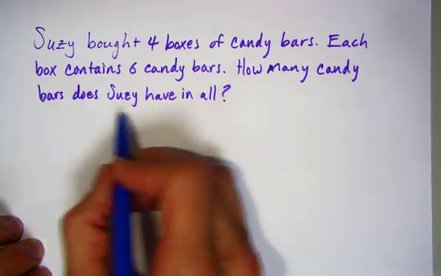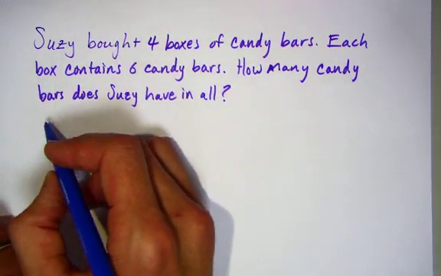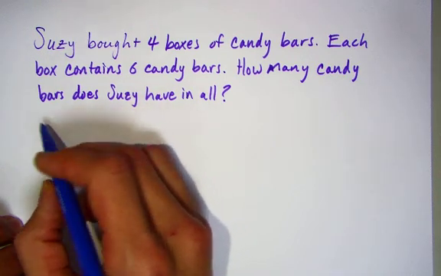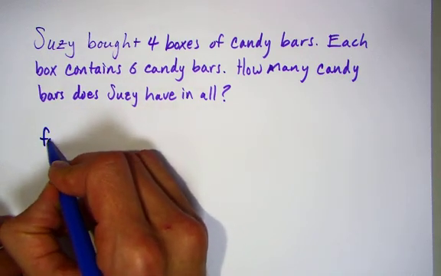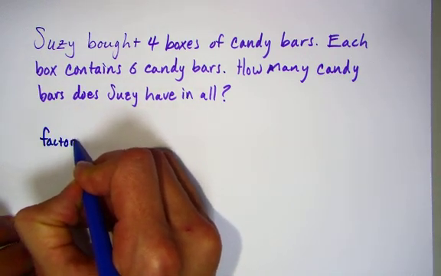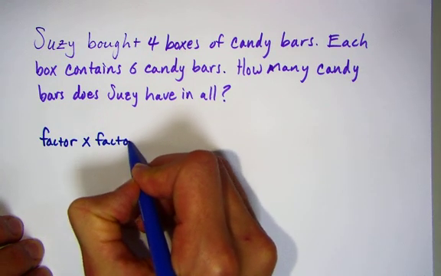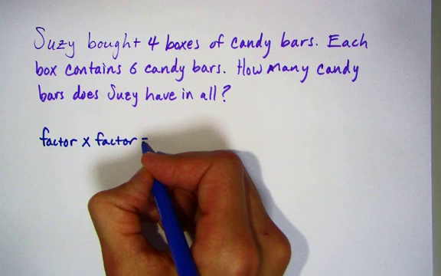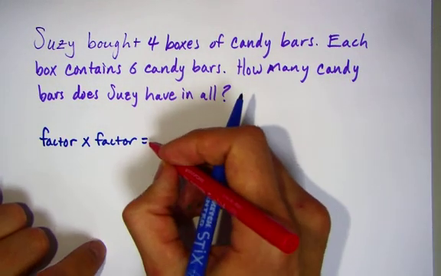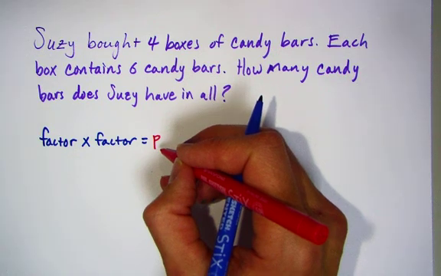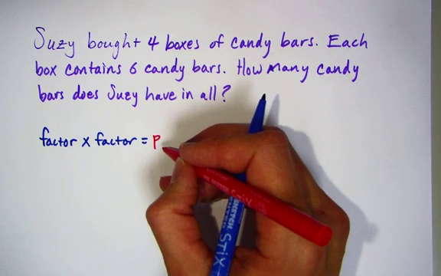So I'm going to write a multiplication sentence using those words really quick. A factor times a factor is going to give you a product. And remember, on the multiplication site, it says a product is an answer to a multiplication problem.